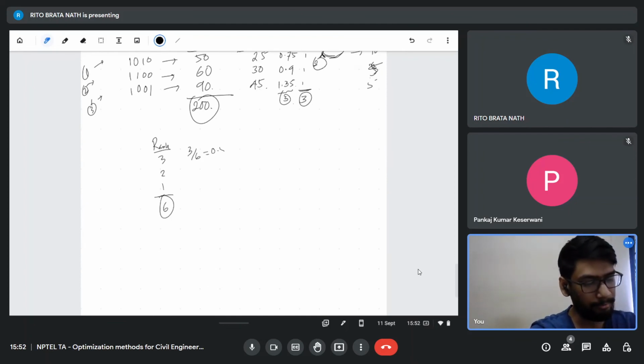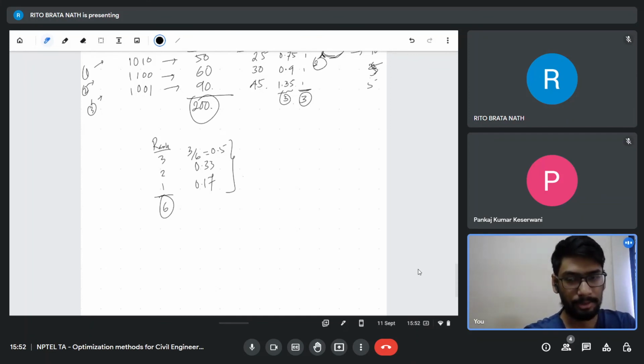So this will be 0.5, this will be 0.33, this will be 0.1617. So you decrease the probability like this, so that you have a good mix of the good solutions as well as a mix of the other solutions, so that you can use crossover techniques. That's the main idea of using this rank-based method.